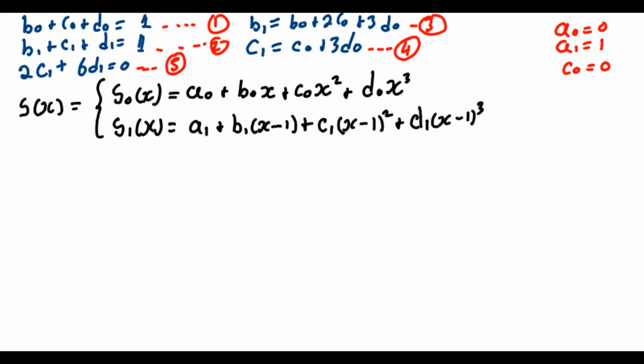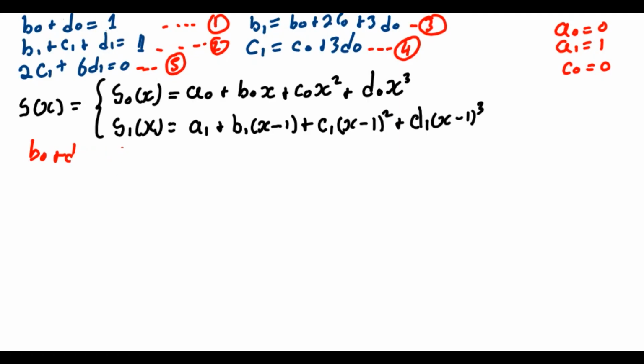It now becomes just b naught plus d naught is equal to 1. So let's simplify it from here. We just remain with d naught is equal to 1, because c naught is equal to 0.